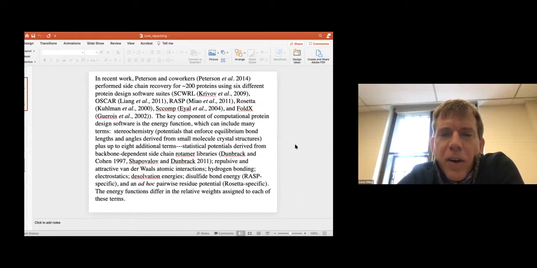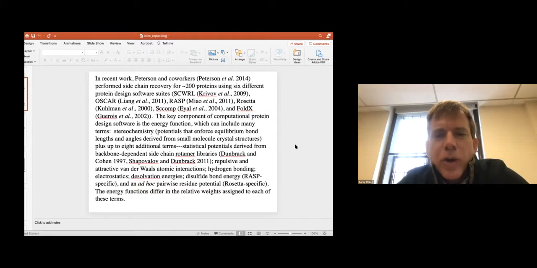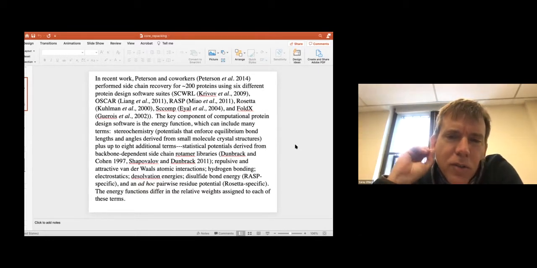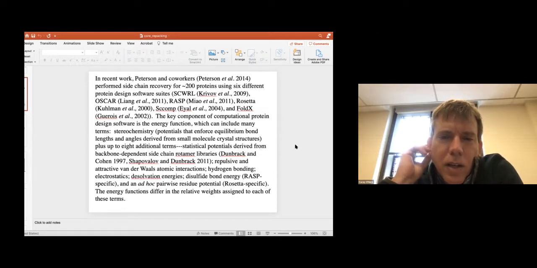And then you can compare what the force field predicts and then what the actual experimental structure gave. And you can do that for core residues that are buried in the core, or you could do surface residues. And so we're going to focus on core residues.